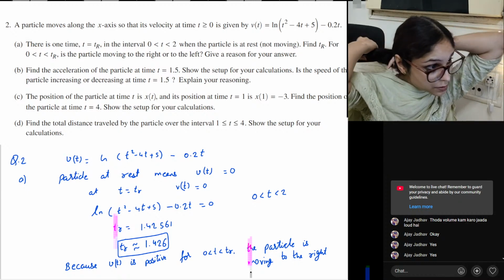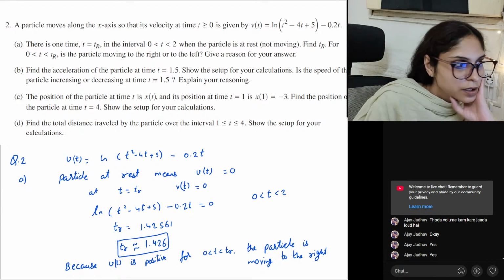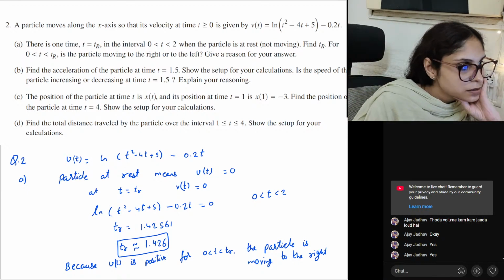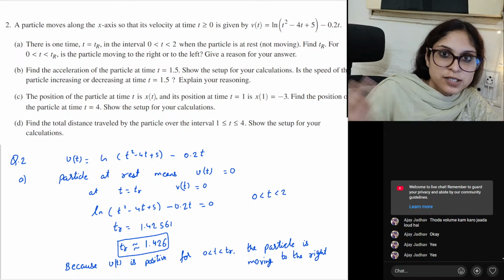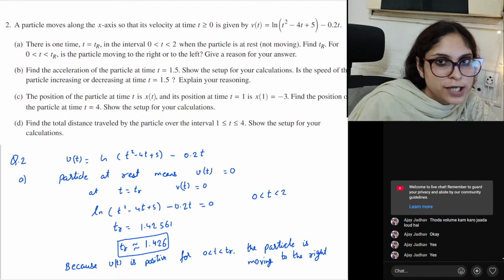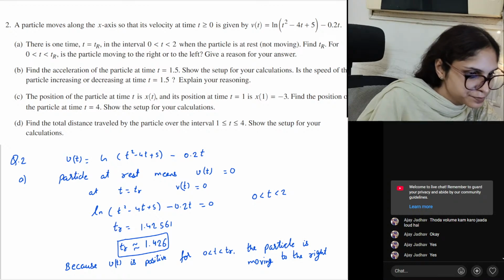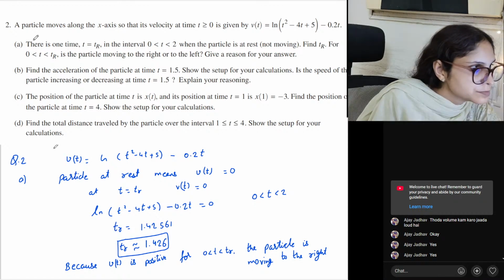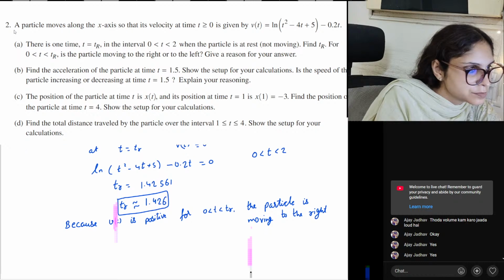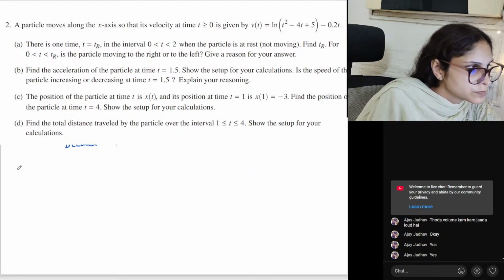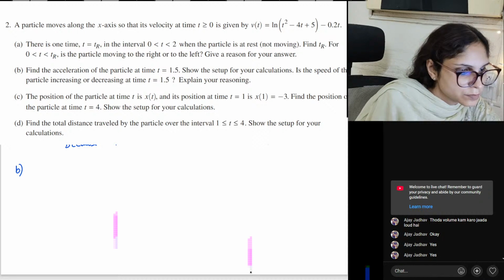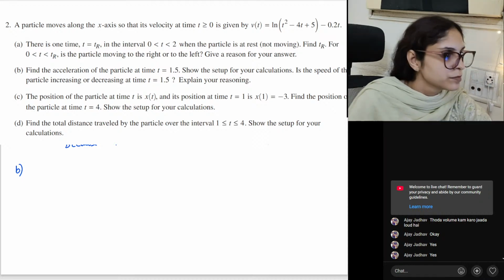Now the next thing is part B. It states that find the acceleration. So acceleration is differentiation or derivative of velocity.